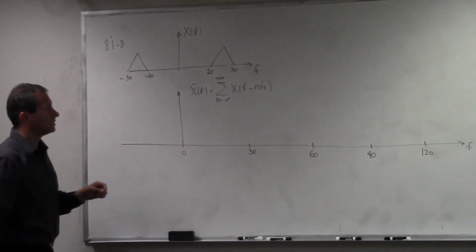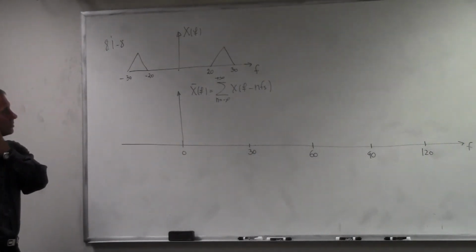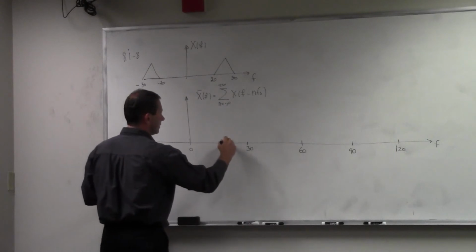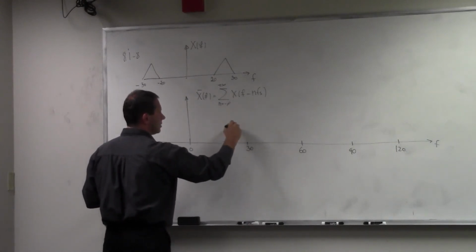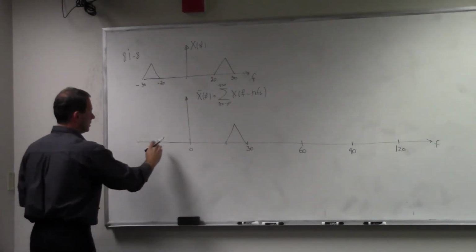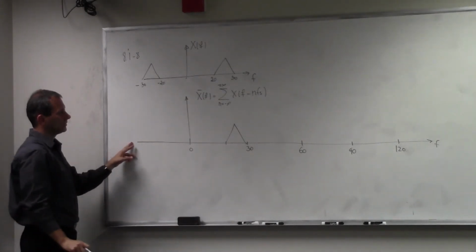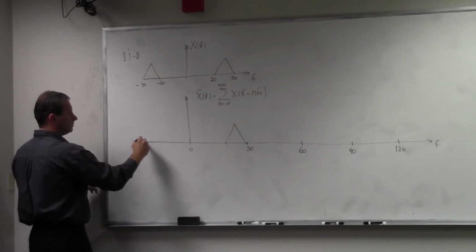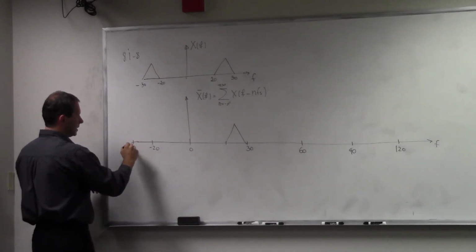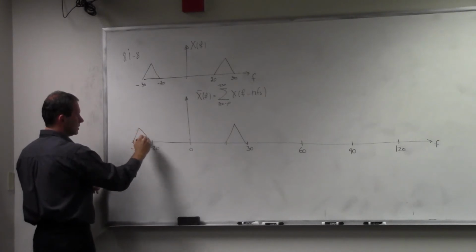That's the spectrum of the sampled signal. When n is equal to 0, I get this piece, and then an equivalent piece on the other side. Let me actually draw it. Minus 20, minus 30. So this is the graph.